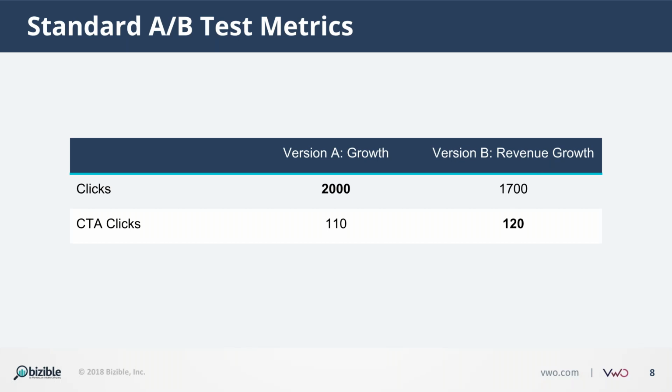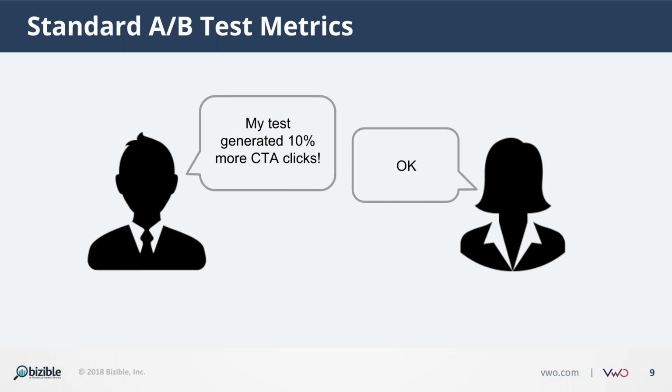So as you can see here, version A got the most clicks, 300 more, but version B got the most CTA clicks, which is your standard way of determining who the winner is. So you go to your boss and say, hey, look what I did. I generated 10% more CTA clicks. In a vacuum, obviously that's good.